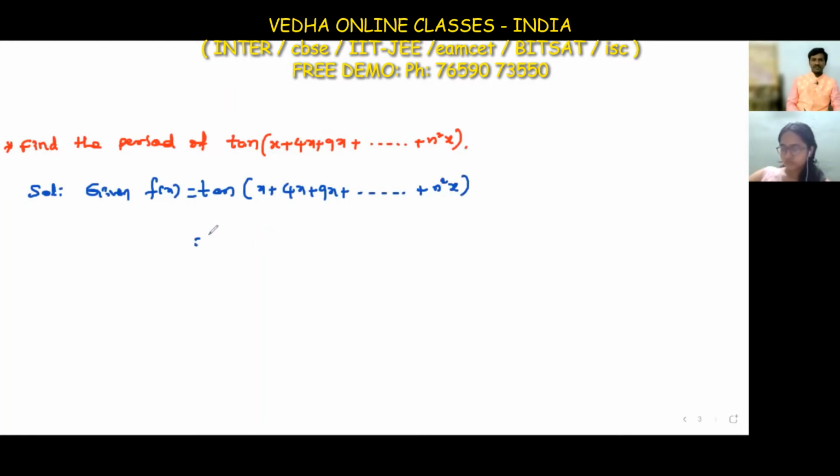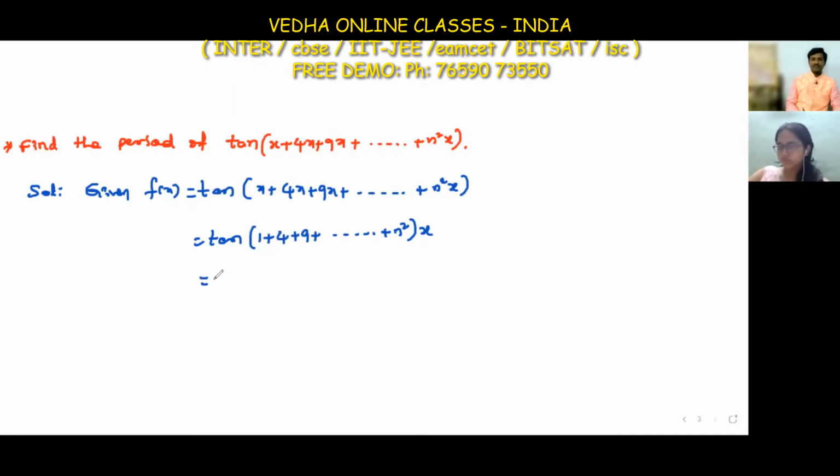Now this is equal to tan of, taking x common, (1 plus 4 plus 9 plus and so on plus n square) x. x is common, so we write x outside.